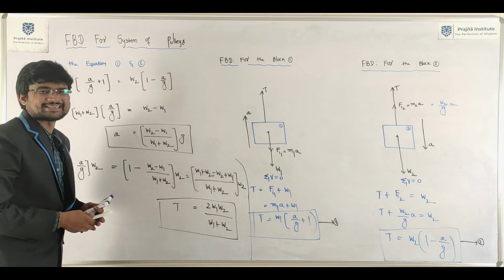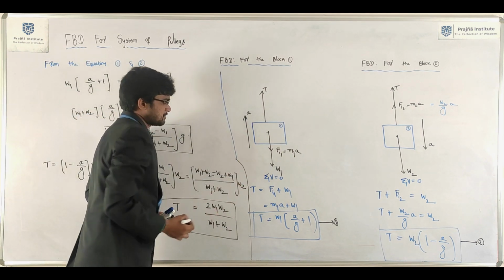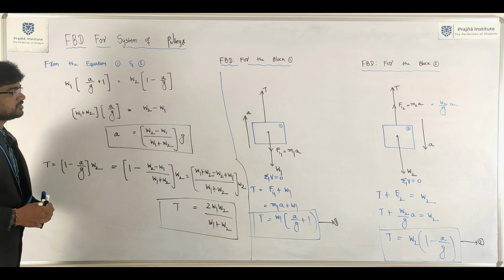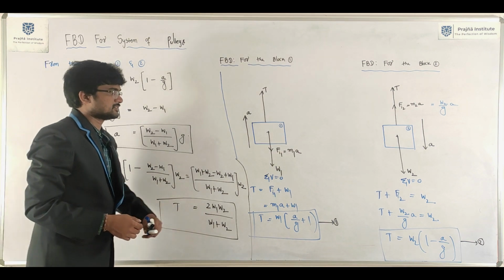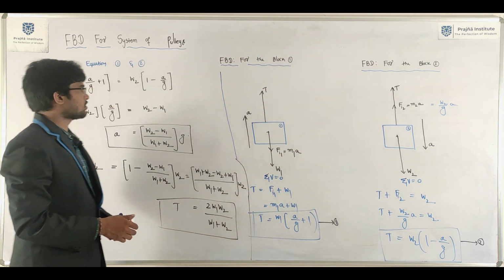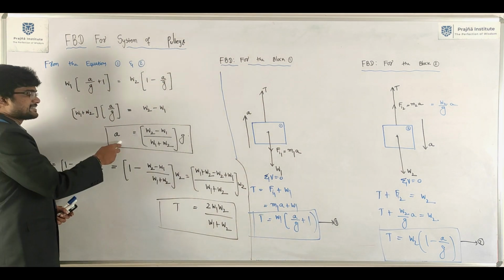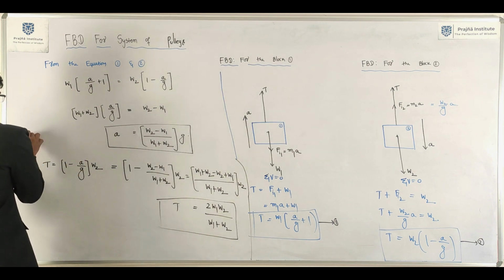It is a very basic example of a system of pulleys and blocks. We drew the free body diagram for block 1 and block 2, got two equations, and solved them to get the expressions for acceleration of the blocks.